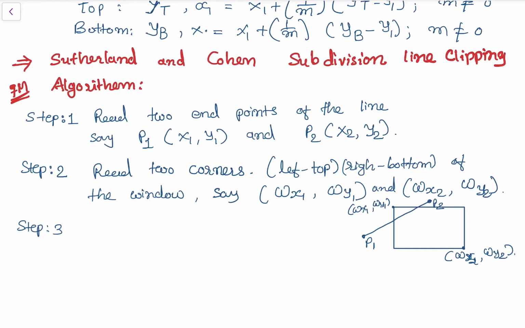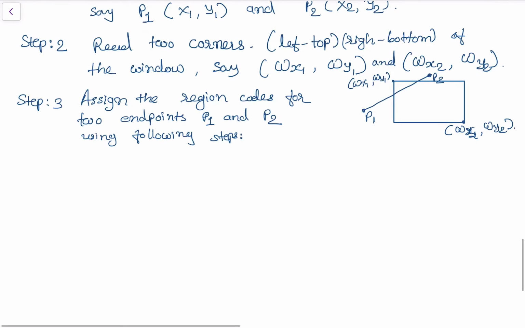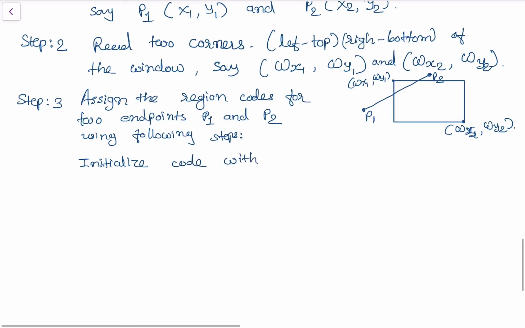Now step number 3: assign the region code for two endpoints P1 and P2 using the following steps. Initialize the code with bits 0 0 0 0.